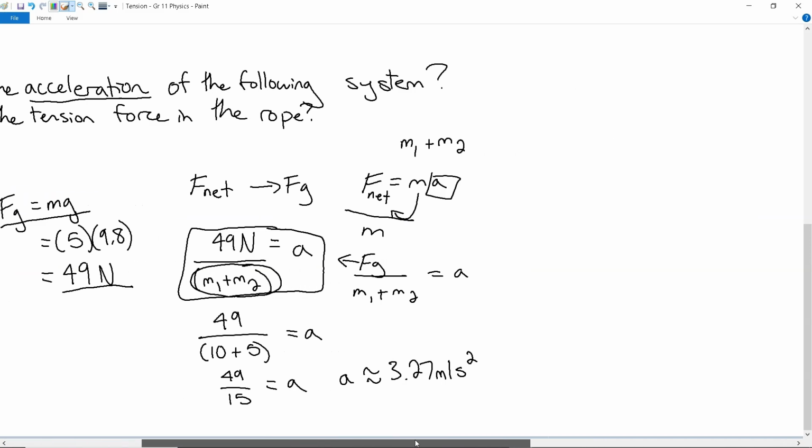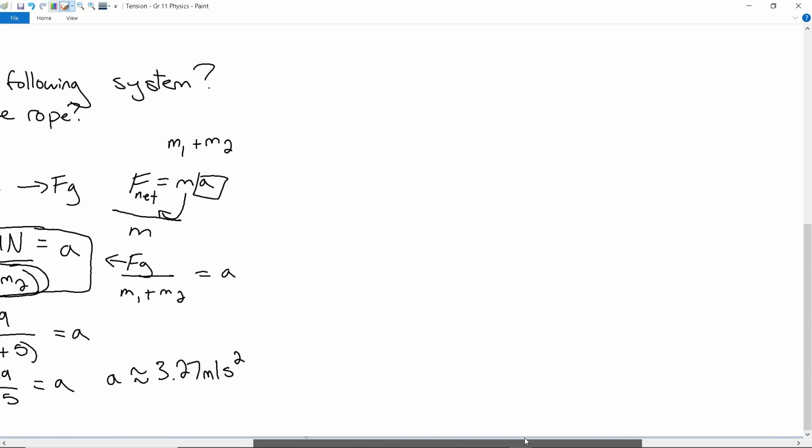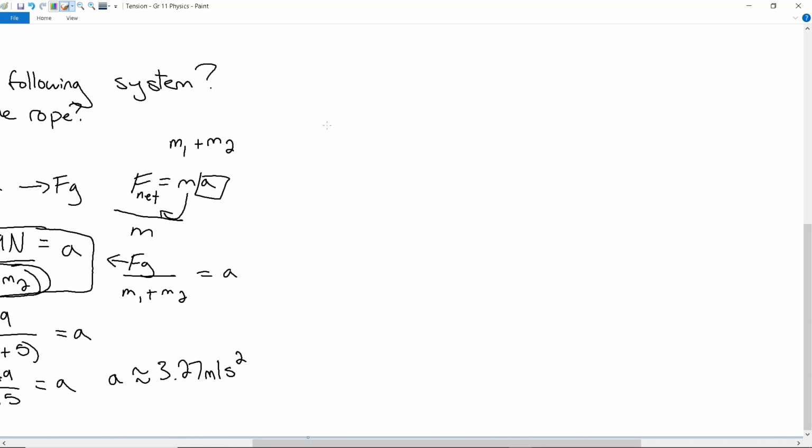But okay. The second part is a lot simpler. We need to think of the tension force in the rope. So what I want to do is look at the first mass, which was 10 kilos, because the only force acting on this mass, well, not necessarily the only force, we do have Fg and our normal force, but those cancel each other out.